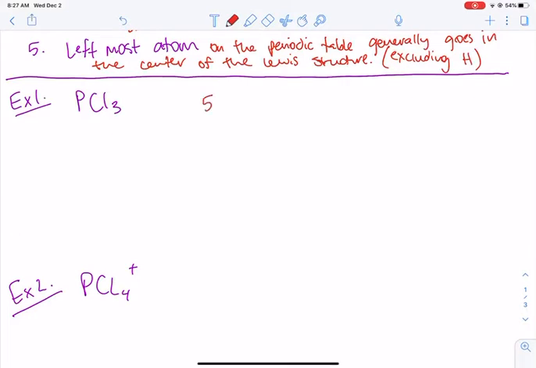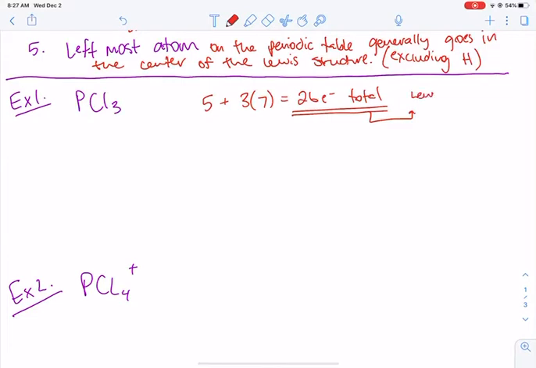So it has 5 electrons plus chlorine. If you count from the left, you go sodium, magnesium, aluminum, silicon, phosphorus, sulfur, chlorine. It's 7. So there are 3 chlorines. 3 times 7 is 21, plus 5 is 26 electrons total. This is the number of electrons that needs to be in our Lewis structure.